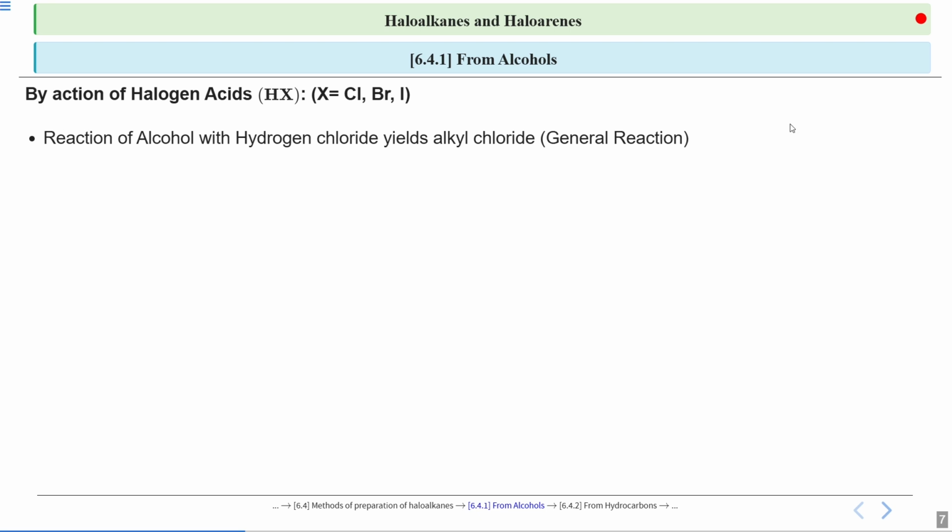So in this general reaction, we take an alcohol, it reacts with hydrogen chloride, which is a halogen acid, and this process yields an alkyl chloride. The OH, that is the hydroxyl group from the alcohol, is replaced by chlorine, and yields the alkyl chloride.